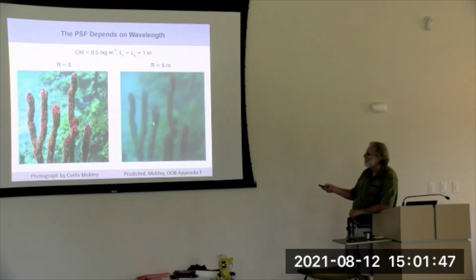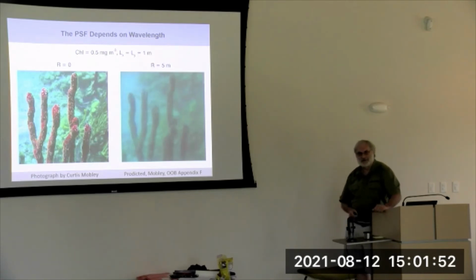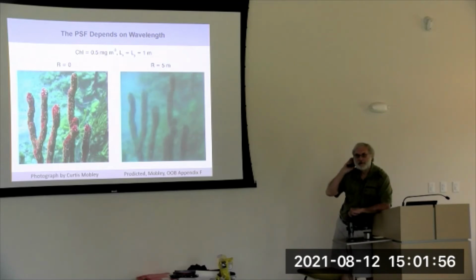So what do you notice? What's the difference in this image and this one? What stands out the most? Yeah. So the red sponge now looks almost black. What else do you see?